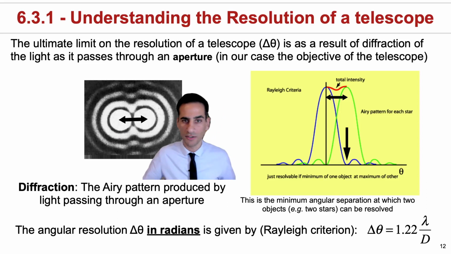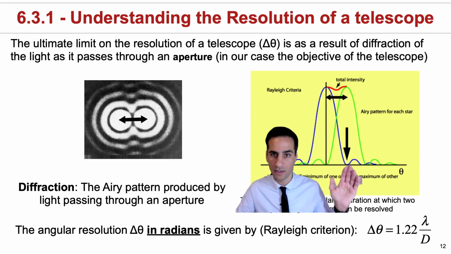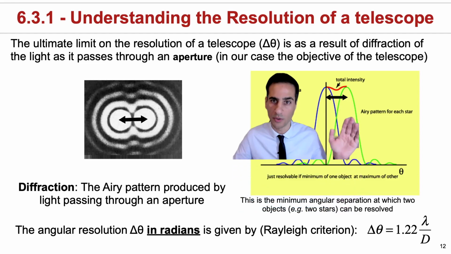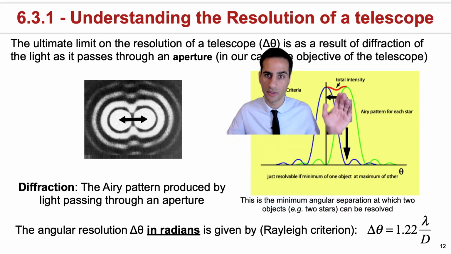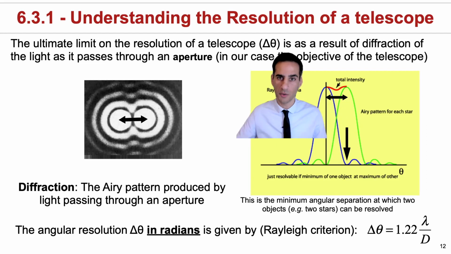And this is also illustrated here on the side: this specific distance at 1.22 lambda over d, and I mean angular distance, corresponds to the point at which when you image these two sources, they are barely resolved, as you can see here. If you make them even closer, it will just look like a blurred, larger source, and you will no longer be able to identify them cleanly as two sources.